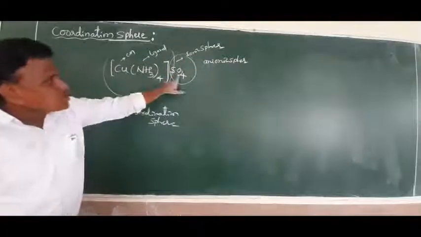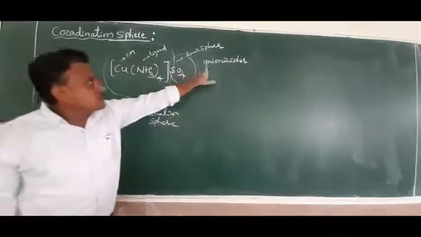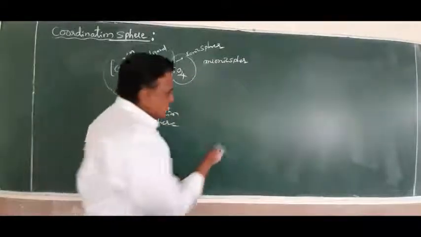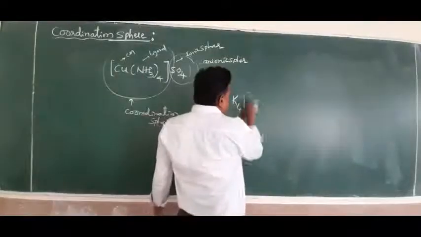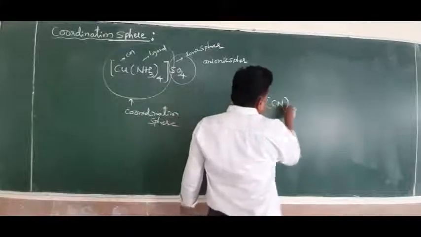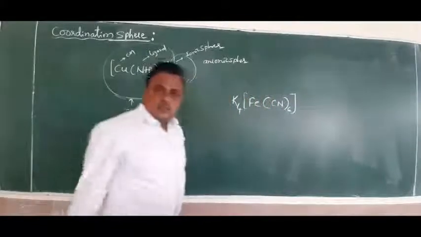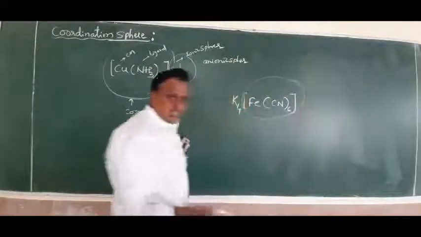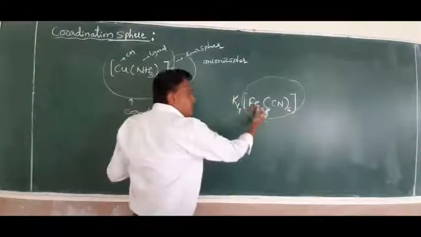After the coordination sphere, the ionic sphere mentioned is always the anionic sphere, because it carries a negative charge. Let us take an example carefully: K4[Fe(CN)6]. Here the square bracket is the coordination sphere.